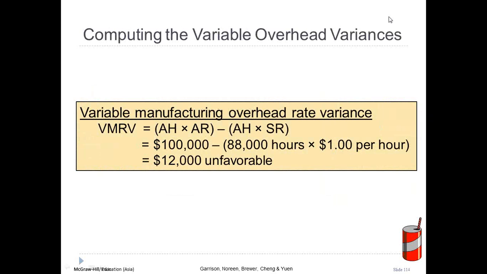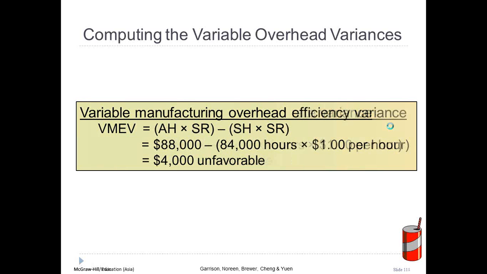COLA's variable overhead rate variance, $12,000 unfavorable, is computed as shown on this slide. COLA's variable overhead efficiency variance is $4,000 unfavorable, and it's shown here.